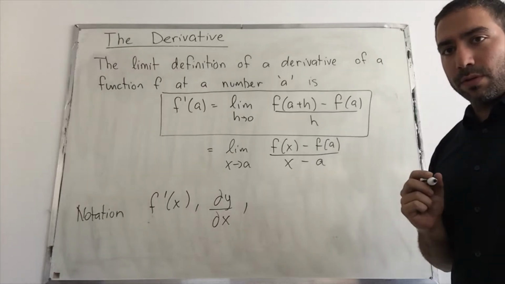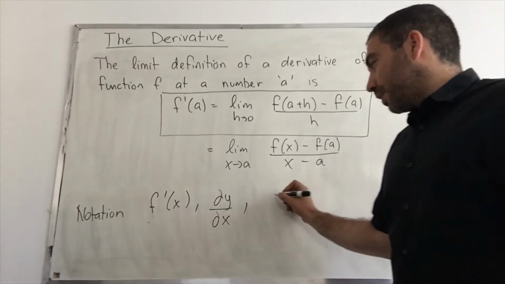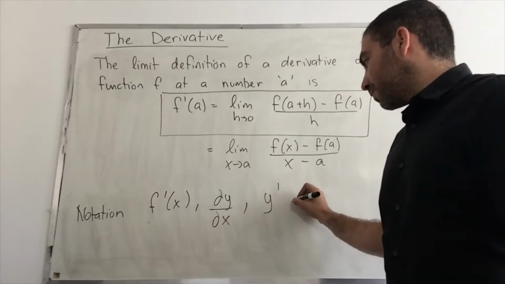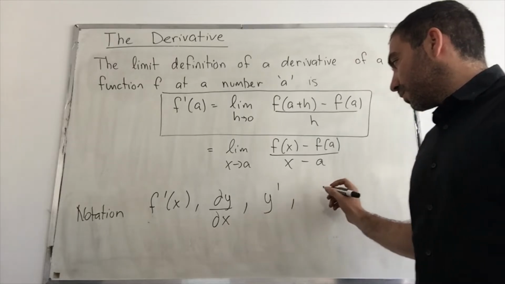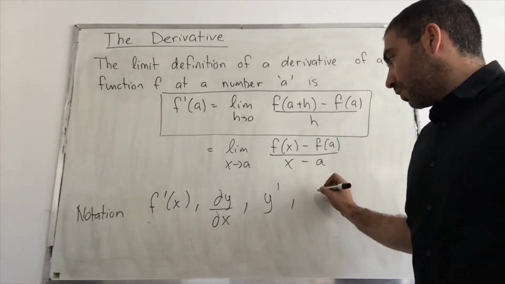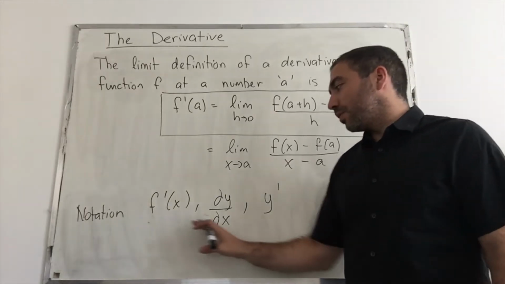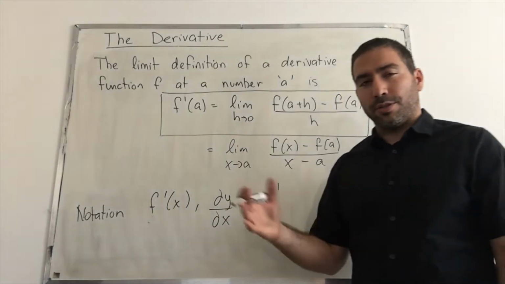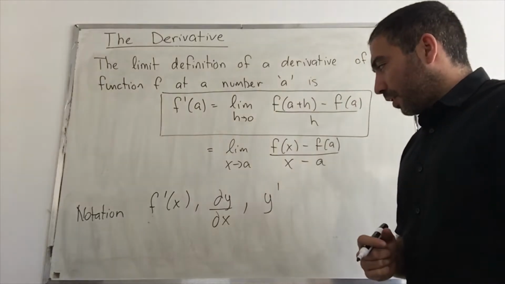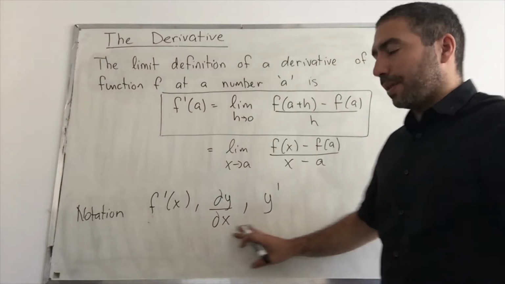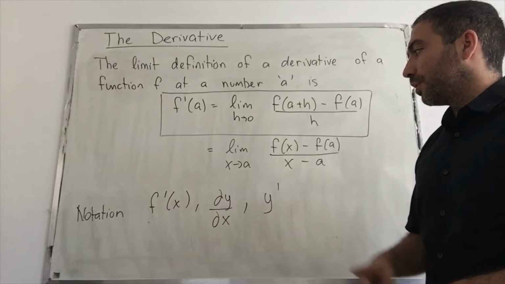What else do we have? We could also write it as y prime. And I think these are the main three that I'll stick to. Okay, so these are the different notations. There's more that I can mention, but these are the main three that I'll stick with.